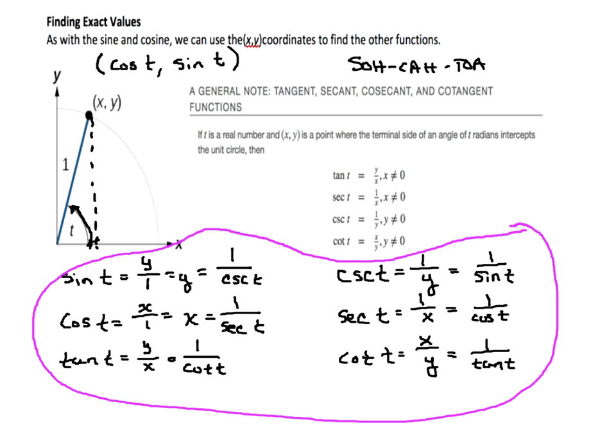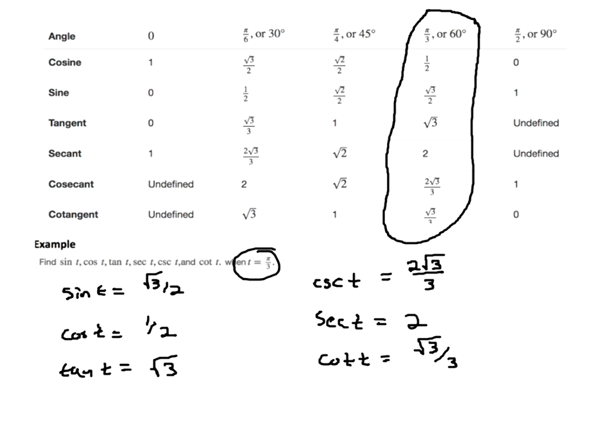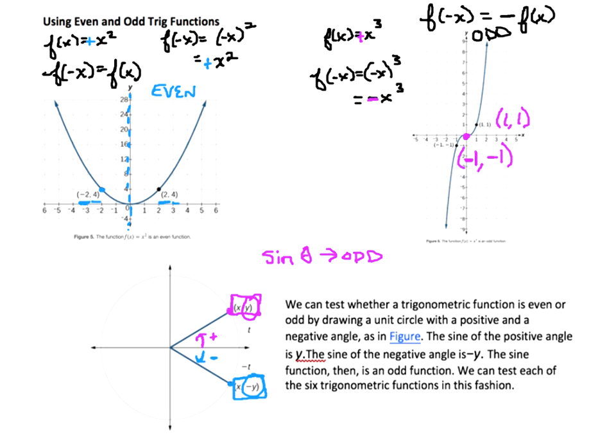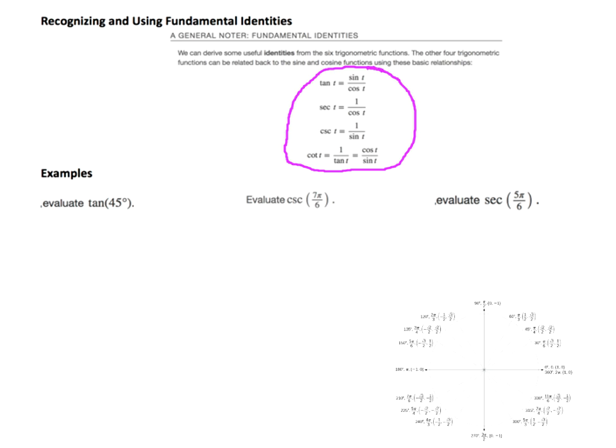And we could even extend these more, knowing that sine is y and cosine is x. I could call tangent the same thing as sine of t over cosine of t. So that's all this next part is doing, is putting all of our 6 trig functions into sine or cosine.